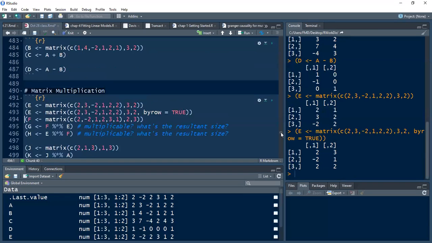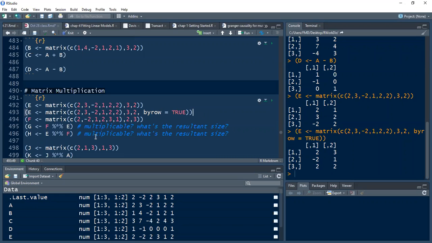Notice that the elements are now inputted by row: 2, 3, negative 2, 1, and then 2, 2. So if you want the elements to be inputted by row, you should include this part of the code, byrow equal to TRUE. Otherwise, the default is that it will be inputted by column.